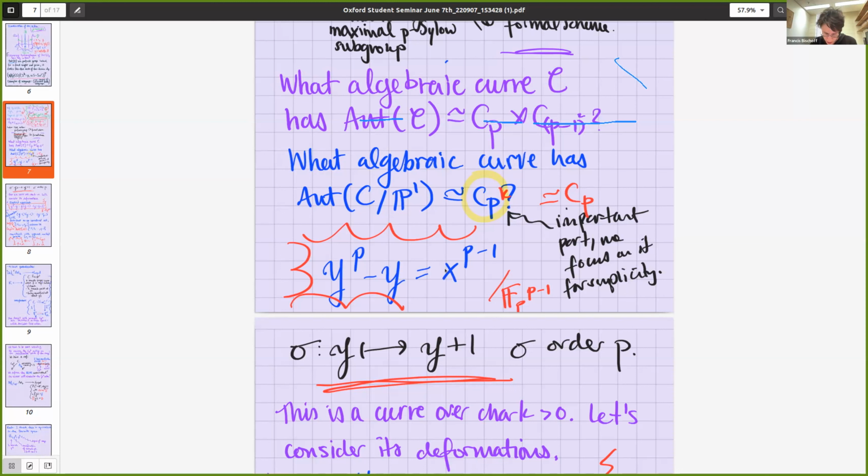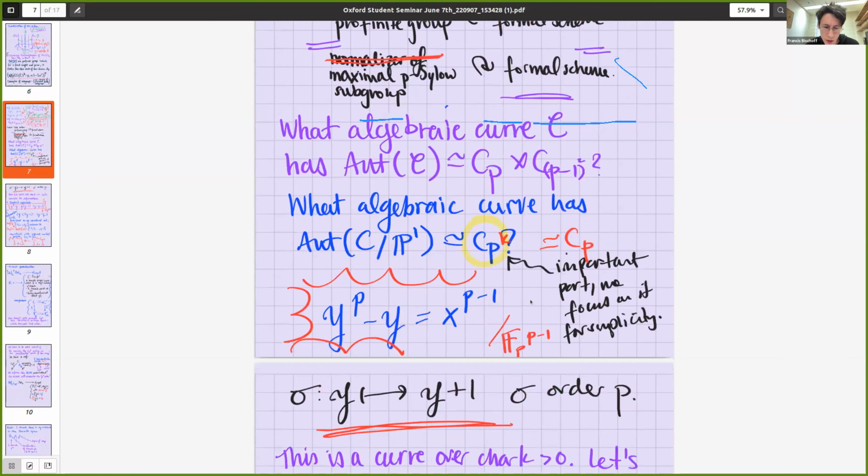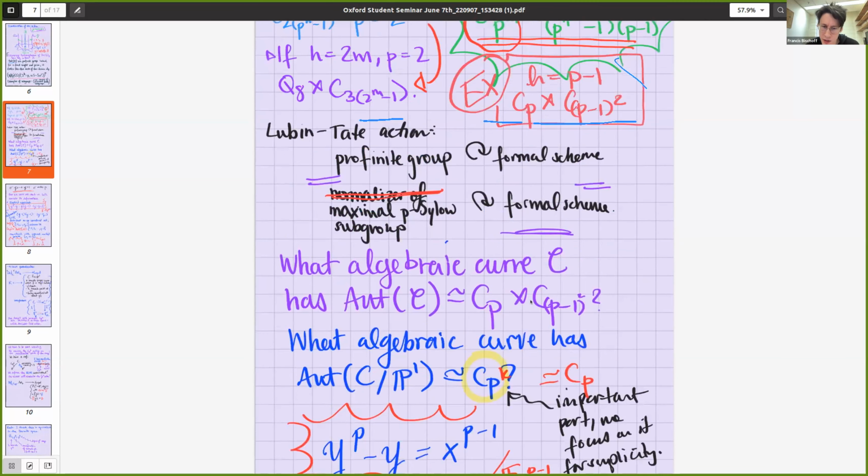So I got to the point where you have the maximal p-Sylow subgroup acting on the formal scheme. And then you're trying to compute a cohomology associated to that action? Yes.